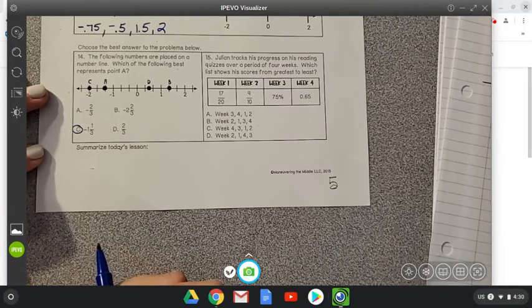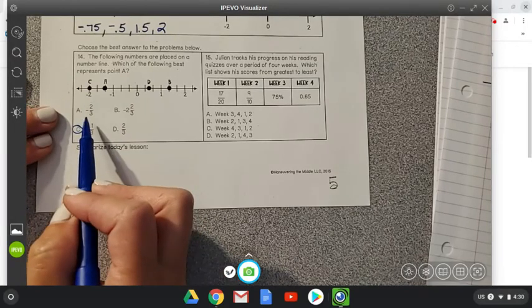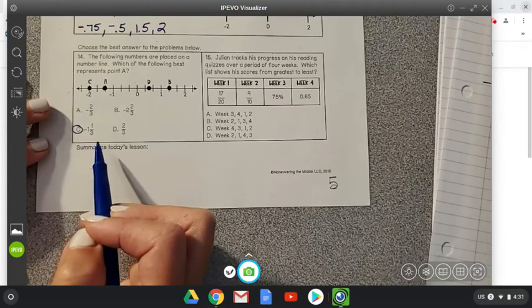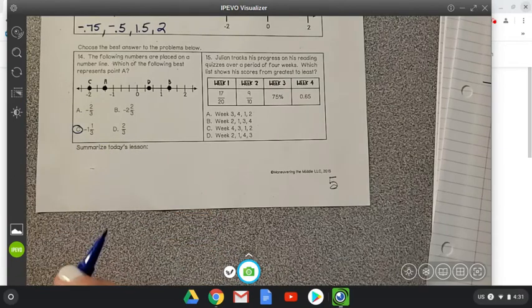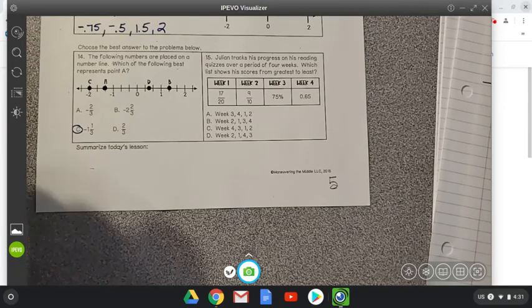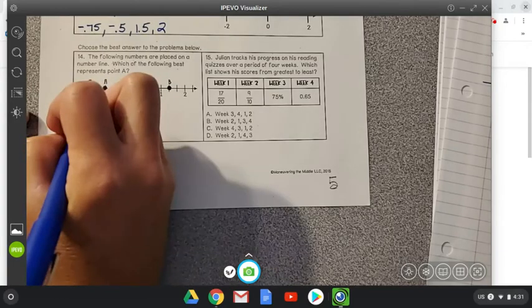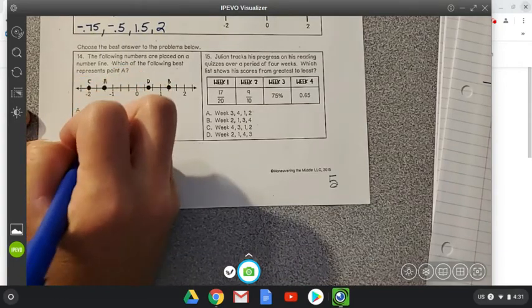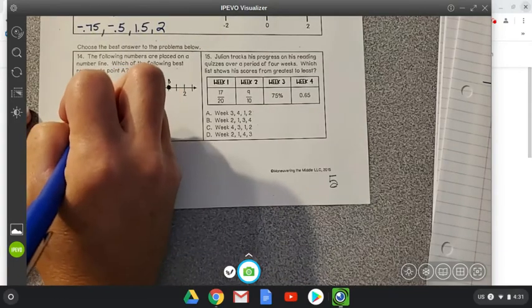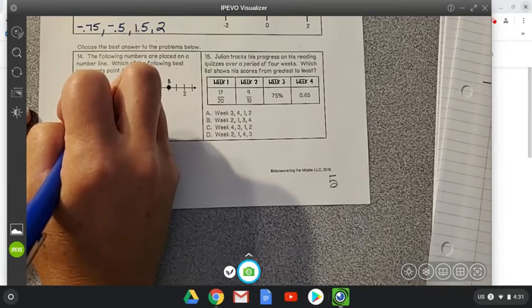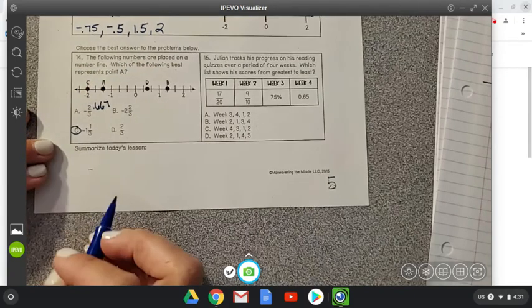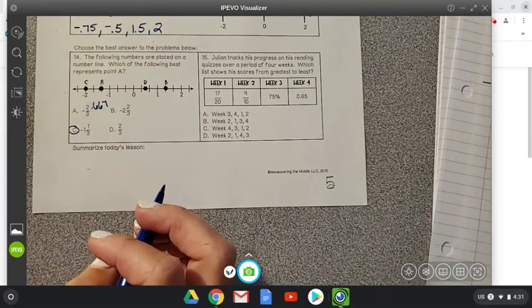If you wanted to, you could divide each of these problems to get decimals. And if you did that, if you did 2 divided by 3, this would have given you 0.667. And I kind of rounded there. Actually, I did round to the nearest thousandth.